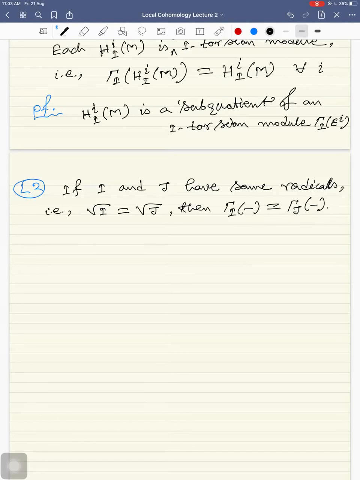Hence the ith local cohomology functor with respect to the ideal I is the same as the ith local cohomology functor with respect to the ideal J. And this is true for all i. Now we should prove this.